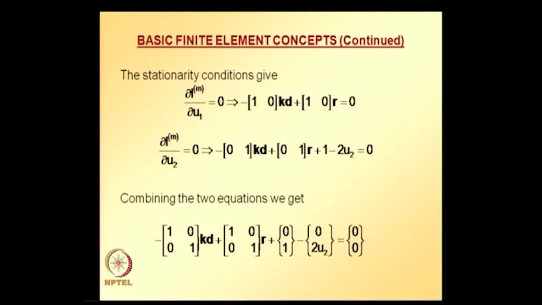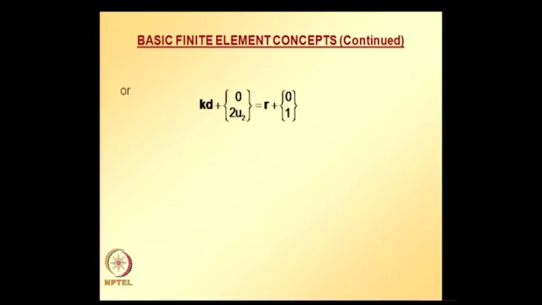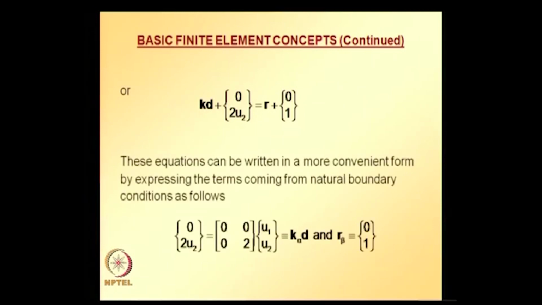Rearrange this one, because [1 0; 0 1] is an identity matrix. Whatever I multiply with the identity matrix, I get the same quantity. This equation can be rewritten in this manner, and you can define a quantity called r beta consisting of 1 and 0 as a vector.